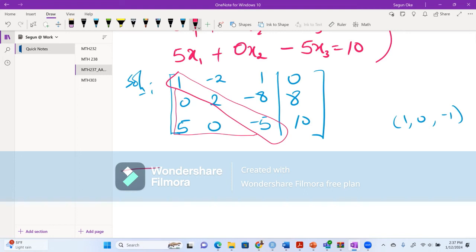So the first thing I would do here is, I can say that -5 multiplied by R1 plus R3 will lead to my new R3. Don't forget, R1 will still remain R1, R2 will still remain R2.